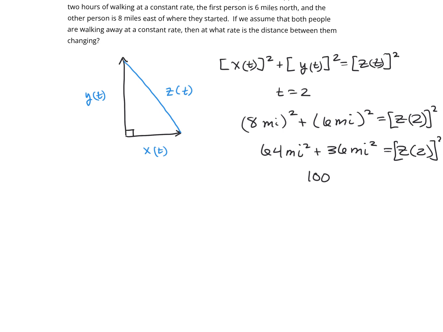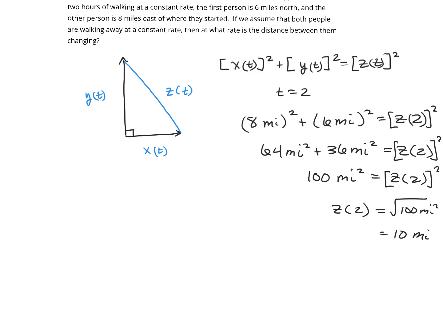So this is 100 miles squared is z of 2 squared. So we know that z of 2 is equal to the square root of 100 miles squared, which is just 10 miles. So at that one moment in time, they are precisely 10 miles apart. That is a lot of walking.